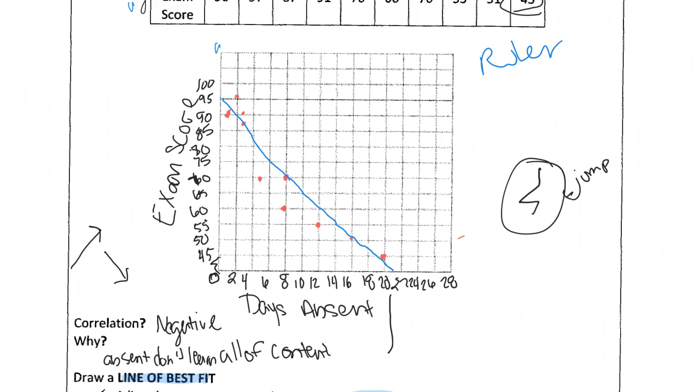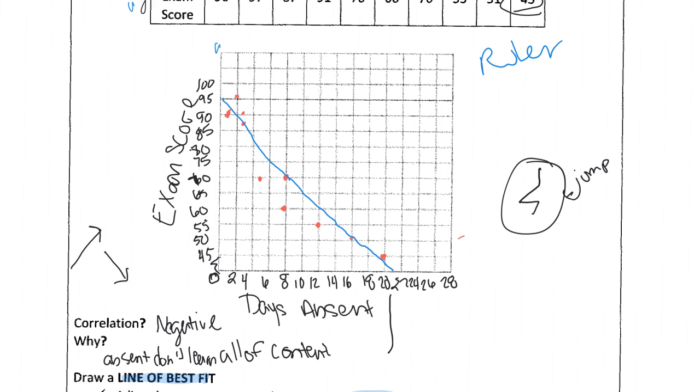And so I got 1, 2, 3 on the line. Okay, so it's not going to be possible to get all of them on the line. It's okay if you have some above and some below. We're just trying to get a good estimate of the trend, okay? So it's okay if some are below, some are above, all those things.